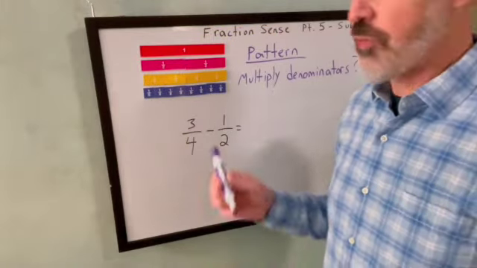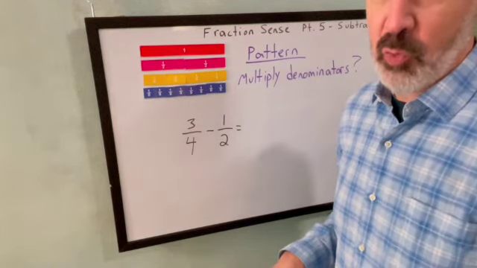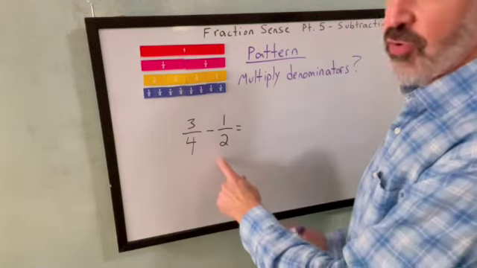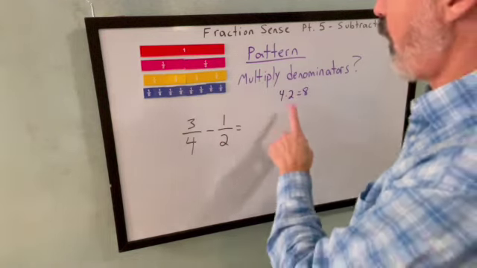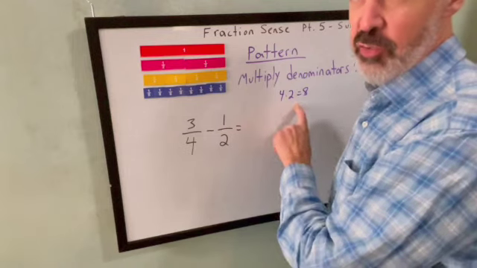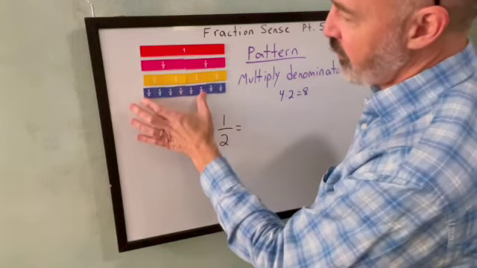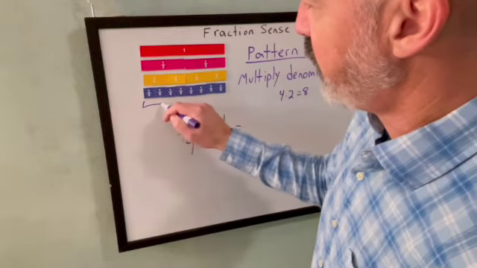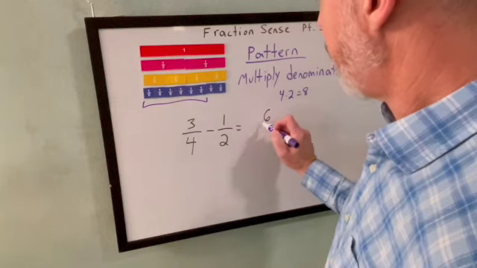So the question was, does this pattern of multiplying denominators to create new fractions always work? If we do 4 times 2, we would get 8. Remember, multiplying with fractions creates smaller pieces, so these are eighths. You can see here, this is 3/4, which is equal to 6/8.